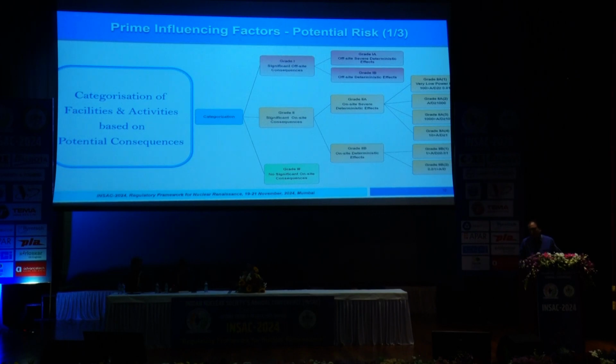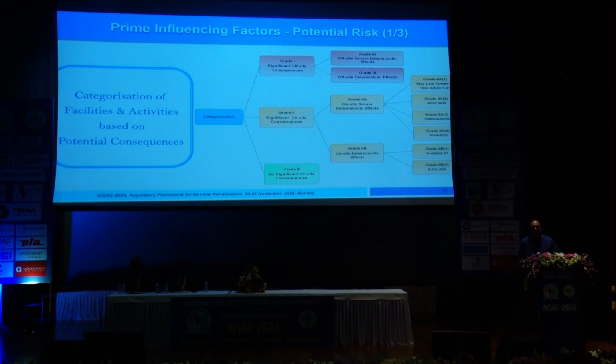Here, one thing I would like to point out is that whenever we are evaluating potential consequences, we are not taking credit of any of the safety systems. This is the maximum potential damage it can do. You can say it is a bare risk, but we are taking credit of the physical and chemical mechanisms. For example, a nuclear power plant has some radionuclides, some level of activity.